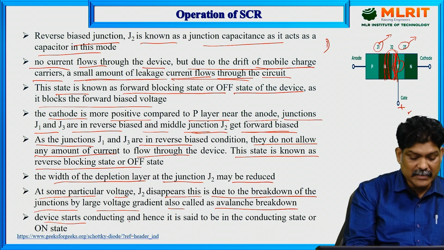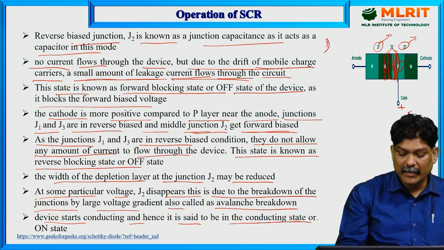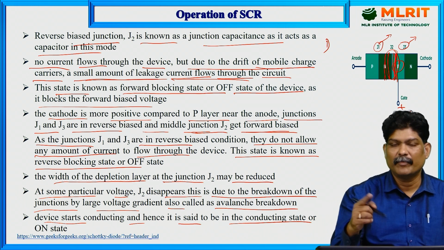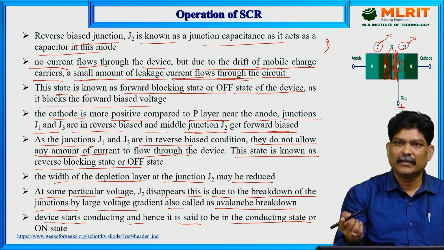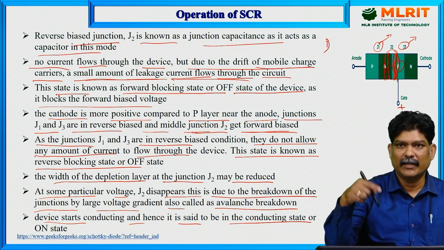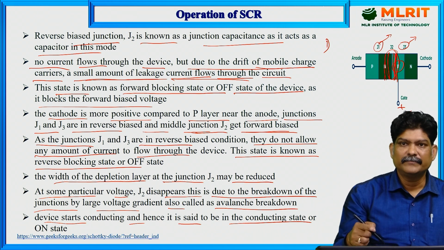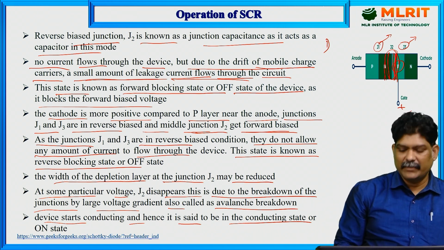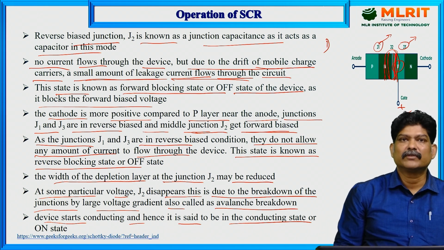The device starts conducting, and hence it is said to be in conduction state or on state. So when both sides get a positive supply, you can expect some current through the SCR. Let us see one by one the different operating modes of SCR.